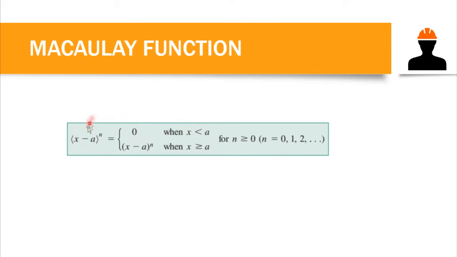If x is equal to or greater than a, then that is when we retain our function, and we use x minus a raised to the n. Again, if we have a negative answer inside the bracket, we equate that as 0. Otherwise, we continue our evaluation of the function. And that's how Macaulay is used.